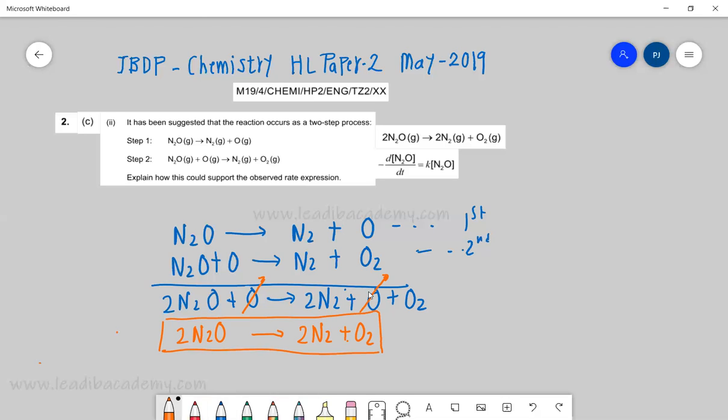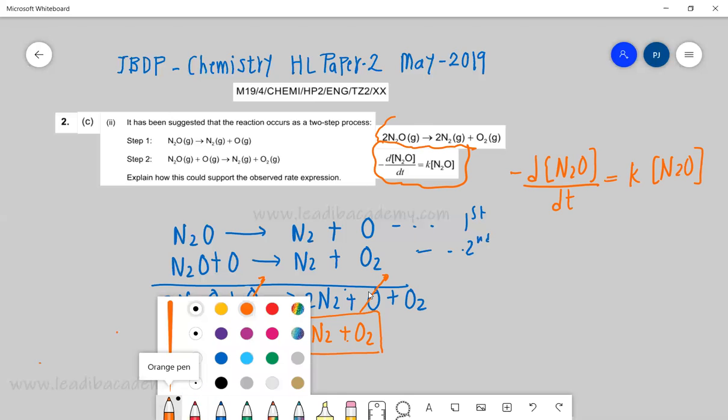Now please focus on this rate expression: minus d[N2O]/dt is equal to k[N2O].